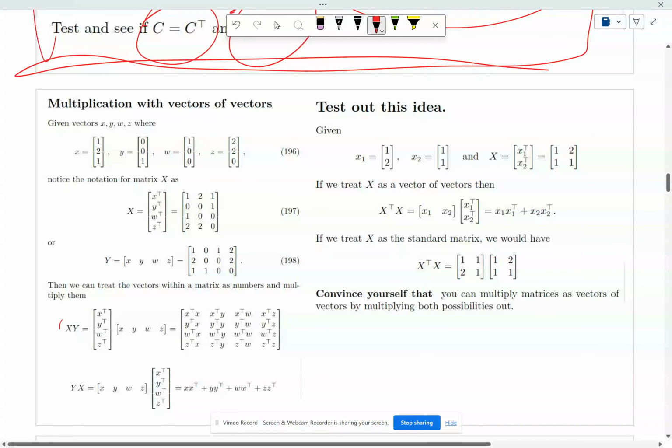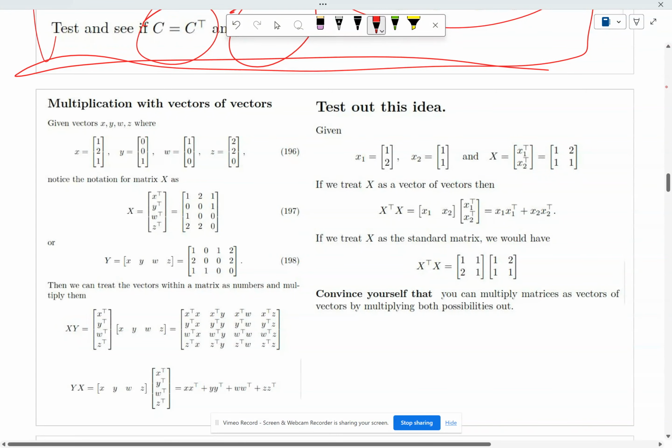So x and y: here's x right here, here's y. Now, if you perform an outer product here, treating each one of them as a scalar, you will actually get the same thing as if you were doing matrix multiplication.